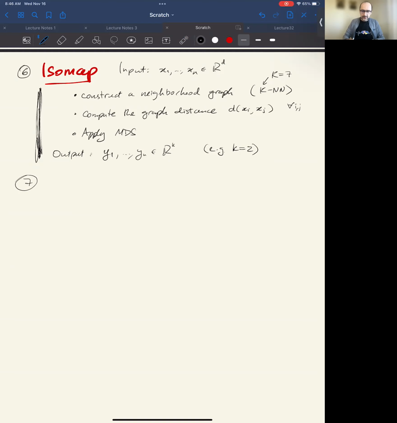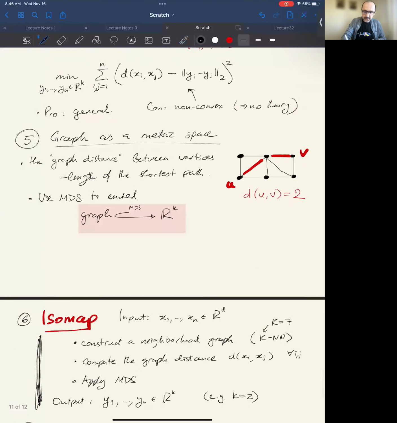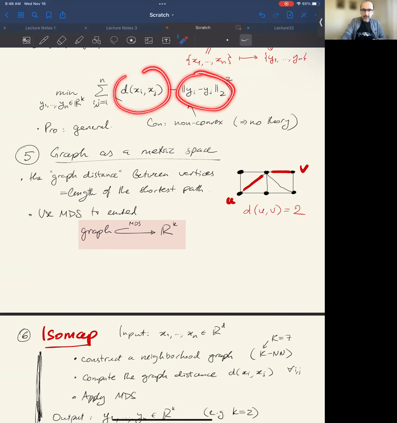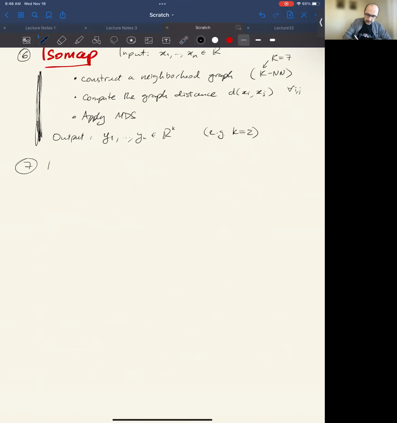In MDS, we use the graph distance here and the Euclidean distance here. Instead of doing this, we can do something a little smarter. We can use kernels. We can marry this idea with the kernel trick. So for example, instead of the Euclidean distance, you can put e to the minus Euclidean distance squared. I'll explain why, but let's write up what we mean.